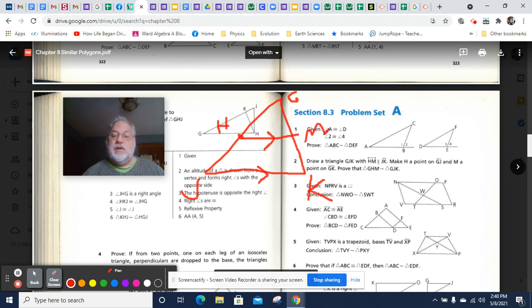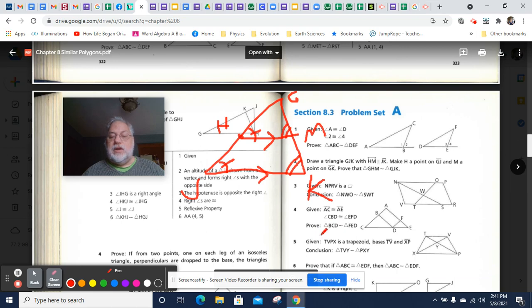So there's M. Okay, what we want to prove is that GHM is similar to GJK. Well, because these are parallel, it's pretty easy to say that these two angles are congruent and these two angles are congruent. Okay, so then you've got angle-angle.